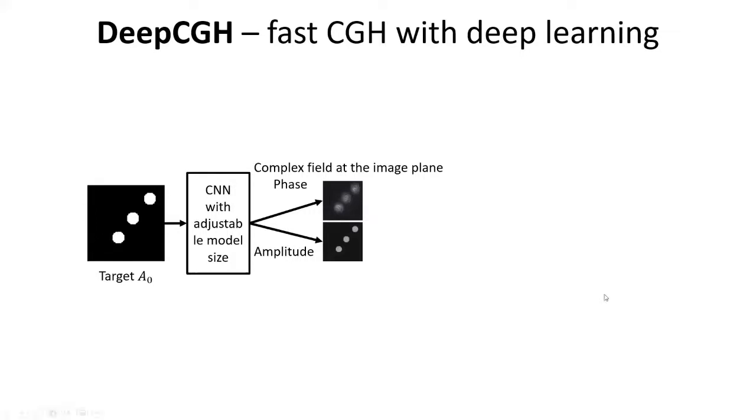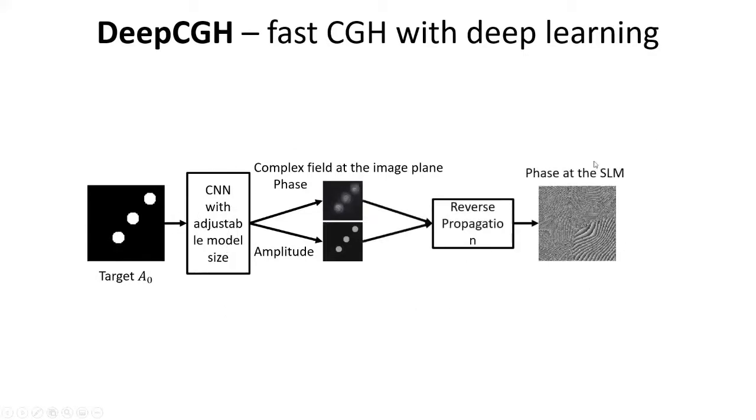If we were to use a CNN to directly compute holograms, for instance, by directly outputting the phase at the SLM, that's one option. That's one way to go. But because the phase is defined in the Fourier domain, there are actually no physical and spatial features shared between the input and the output. So that strategy has actually been tried, but is quite inefficient.